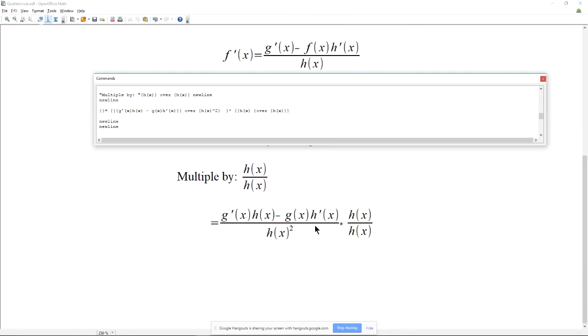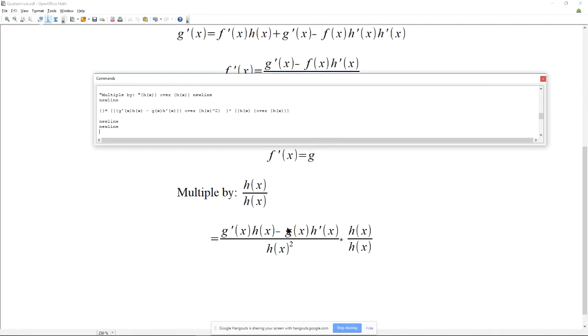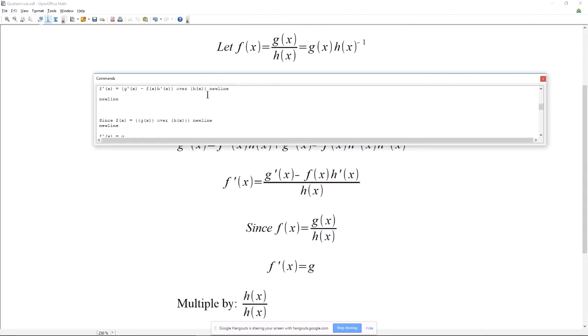God, this is not the right formula, is it? I want to multiply this one. Okay, well, hold on. Why is there? Yeah, never mind. This is wrong here. This needs to be that.